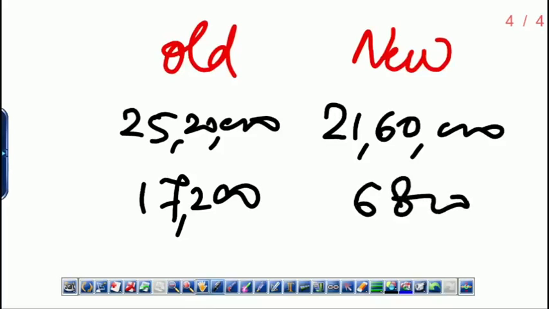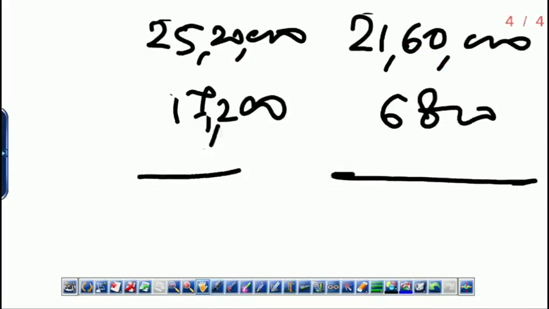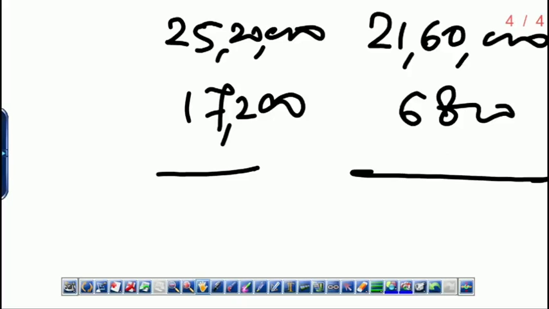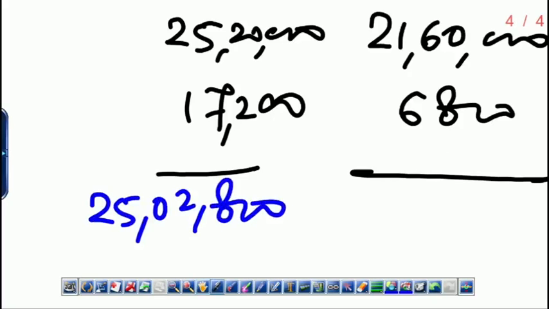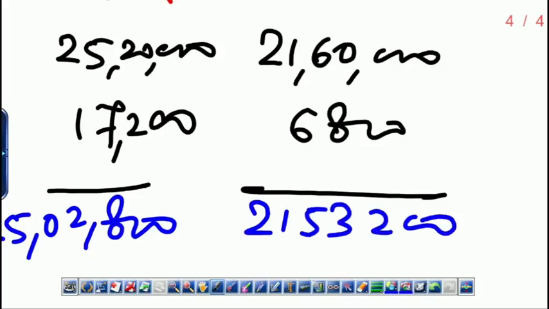So we deduct it. 25,20,000 minus 17,200 is 25,02,800. This we start saving. Whereas 21,60,000 minus 6,800 is 21,53,200. This we start paying.